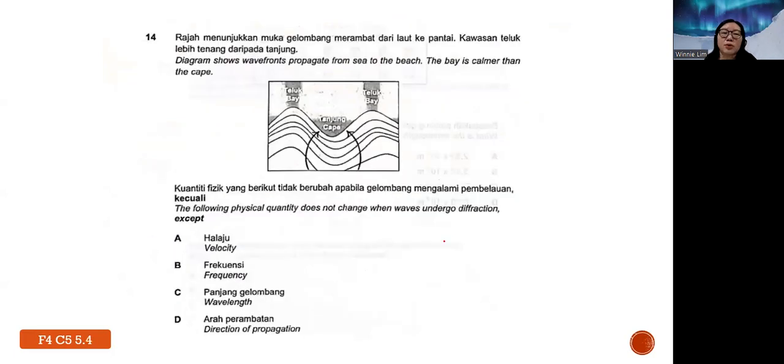14. Diagram show wavefront propagate from sea to the beach, and the bay is calmer than the cape. The following physical quantity does not change when the wave undergo diffraction, except, so the one that changes, which quantity changes?